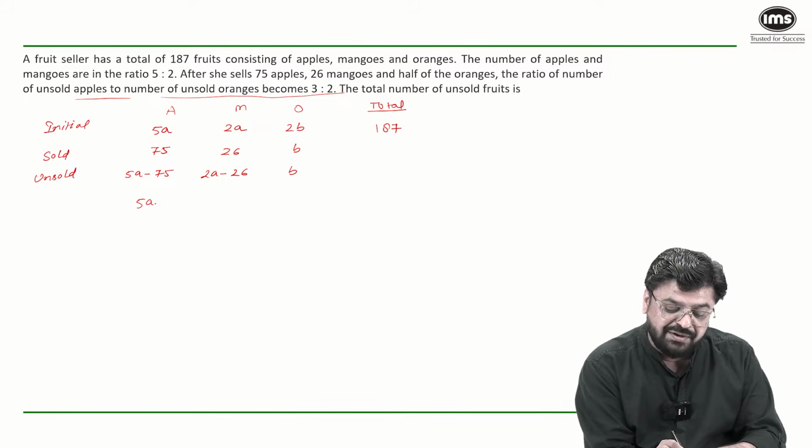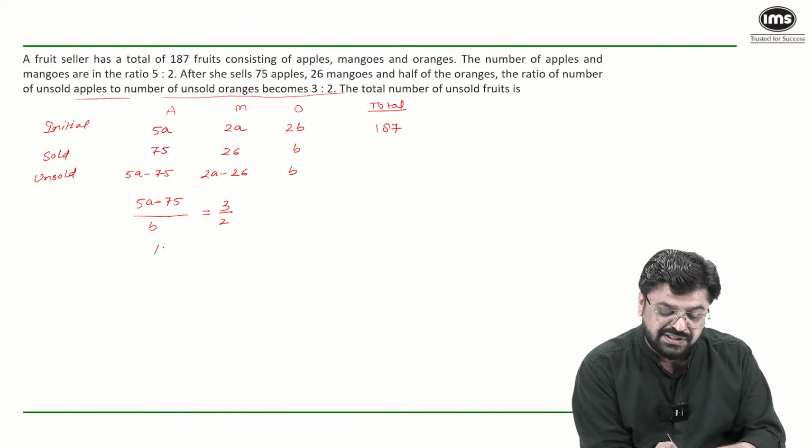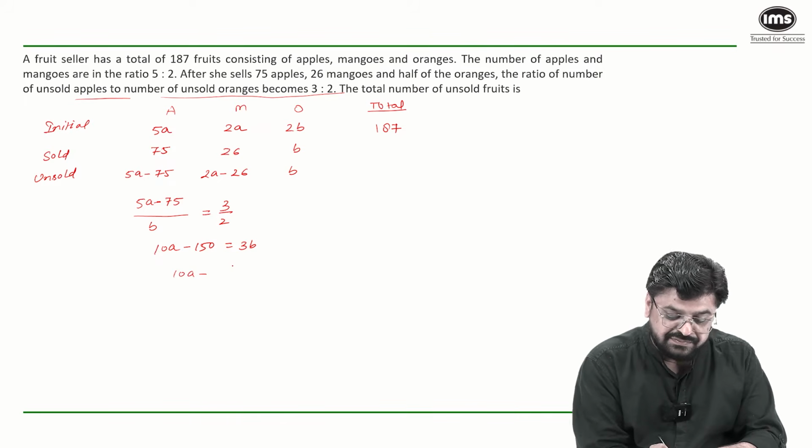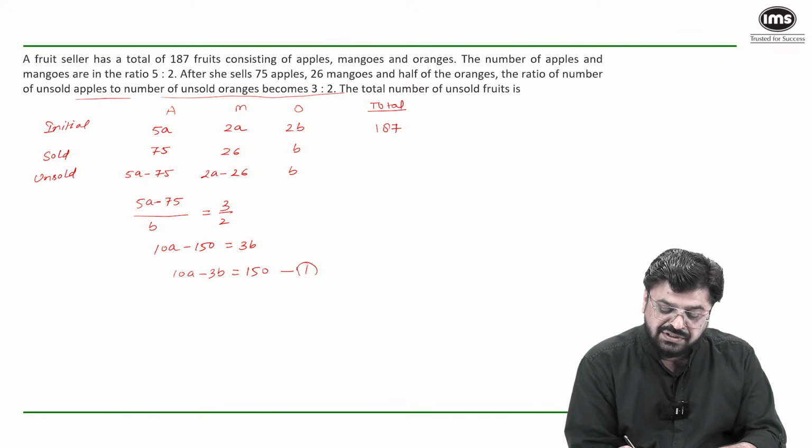So 5A minus 75 to B is 3:2. Now let's solve this. It is 10A minus 150 equal to 3B, or 10A minus 3B equal to 150. This is one equation.